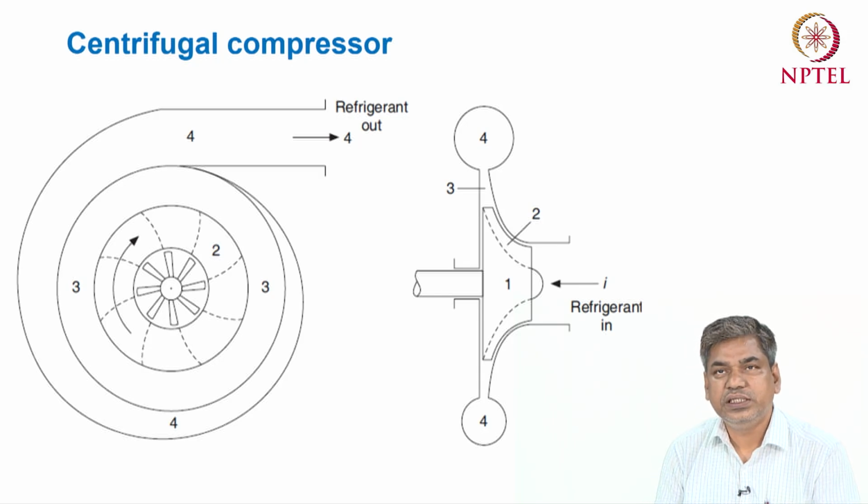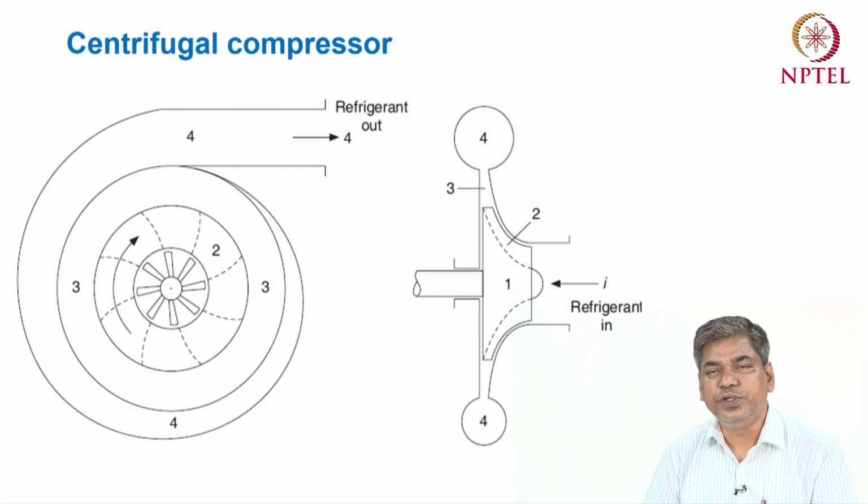So in this slide you can see two views, side view and front view of a centrifugal compressor, given in the left side figure and right side figure. We can divide it into a total of 4 zones.